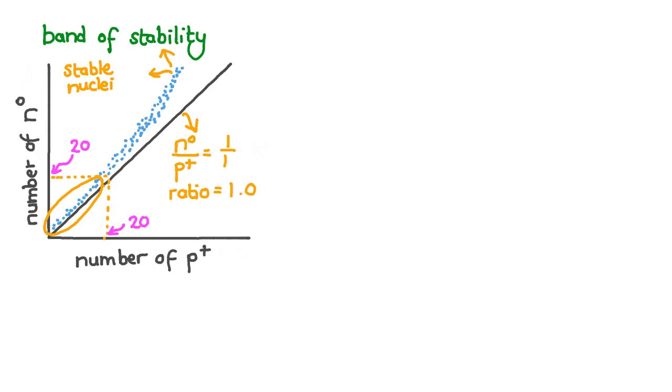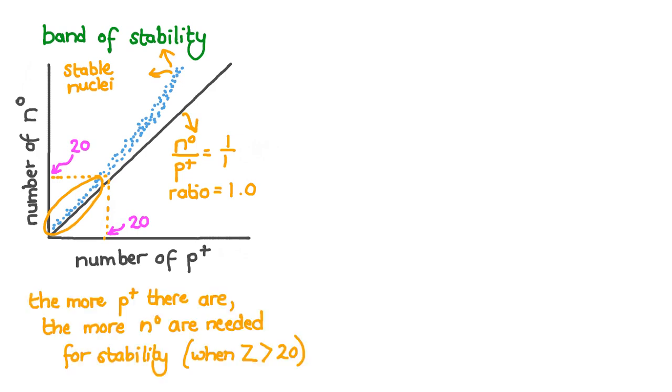Elements with an atomic number, or number of protons, greater than 20 need more neutrons than protons to maintain a stable nucleus. In other words, the more protons there are, the more neutrons are needed for stability. And that is why most of the blue band is above the neutron-to-proton 1:1 ratio line.